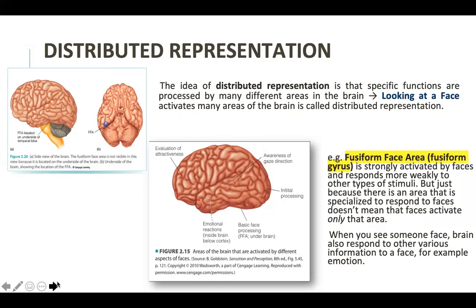But just because there is an area specialized to respond to faces doesn't mean that a face activates only that area, only the fusiform face area or gyrus. When you see someone's face, the brain also responds to other information about the face, for example, the emotion. All right.